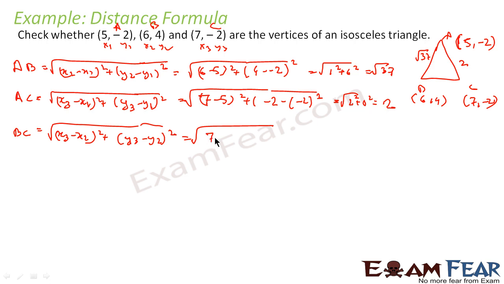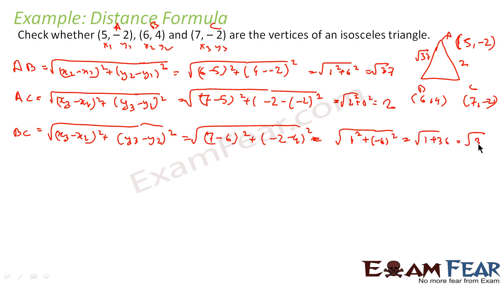It is 7, minus x2 which is 6, squared, plus, what is y3? Minus 2, and y2 is 4, so minus 2 minus 4, squared. So this becomes 7 minus 6 is 1 squared plus minus 6 squared, correct? So this becomes root of 1 plus 36, that is root of 37.